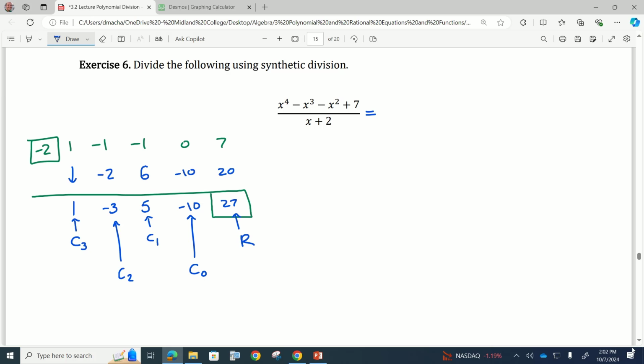So when I go to write my answer, I write 1x cubed minus 3x squared plus 5x minus 10 plus 27 over x plus 2. It's way faster than doing polynomial long division.